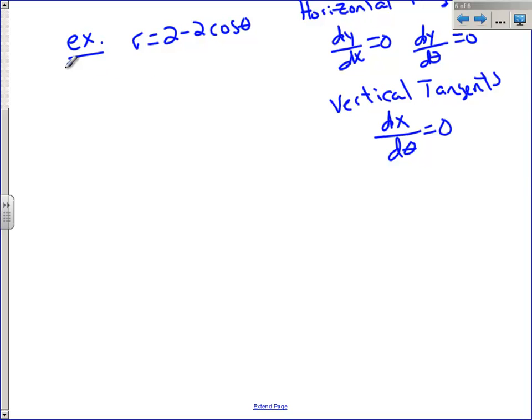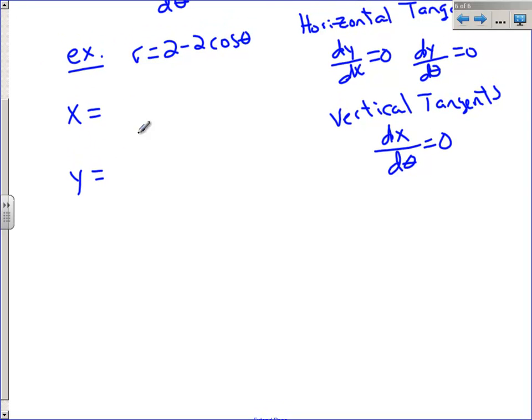Let's find dy d theta and dx d theta by actually finding equations for x and y. So x equals, remember from your conversions, r cosine theta, and y equals r sine theta. So here is r, right there.